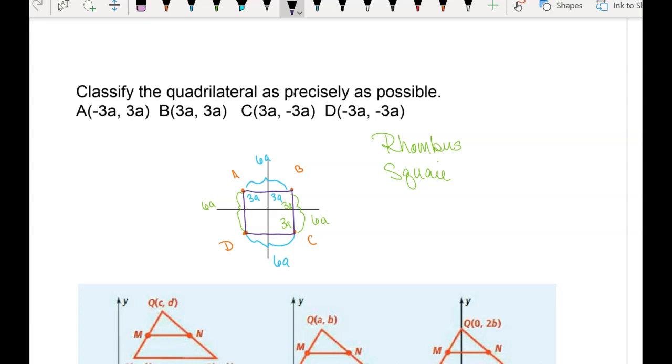Now what's the slope of segment AB? So right here, what is the slope? So it looks like it's possibly going to be 0, right? So what's my formula for slope? My slope is my rise, y sub 1 minus y sub 2, over my x's, x sub 1 minus x sub 2.